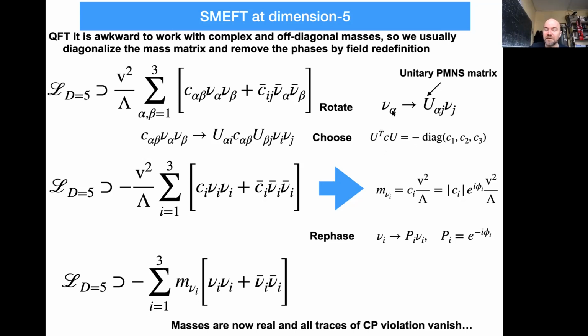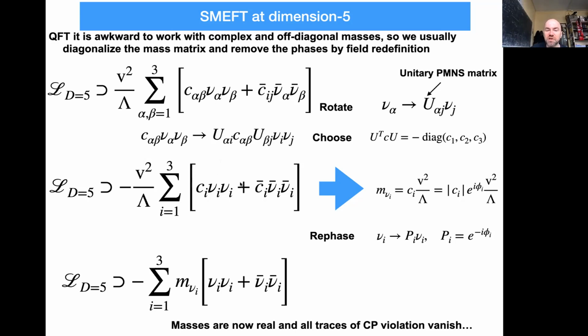After the action of the PMNS matrix, we're getting a diagonal matrix. And in these new variables, these dimension 5 terms will be diagonal. So the neutrino masses are diagonal.